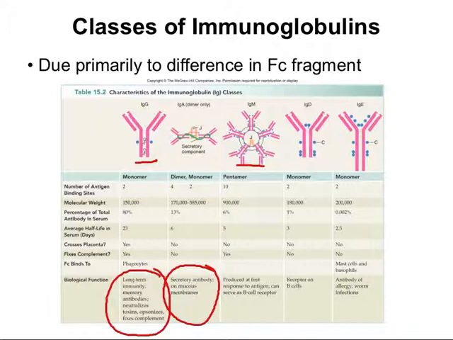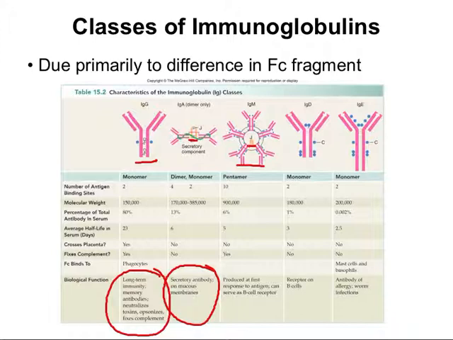They have this J chain. This J chain is involved in joining the 2 monomers together to form the dimer form of IgA. Keep in mind that IgA can either come in a dimer or monomer form, so either 1 or 2 subunits. But it's that J chain that joins the monomers in this molecule. You'll also see the same J chain involved in joining monomers in the IgM form of immunoglobulins.